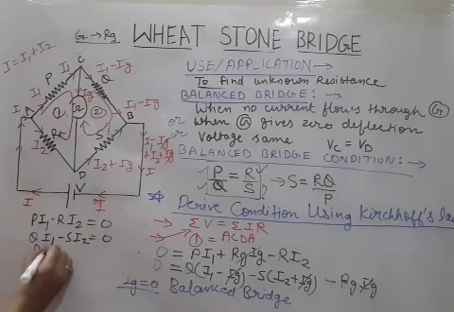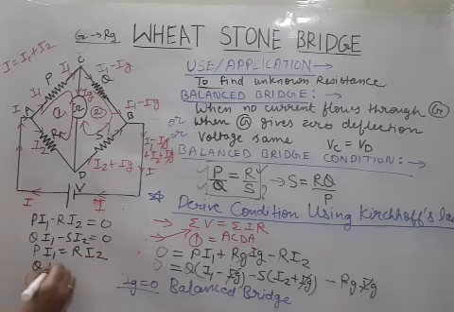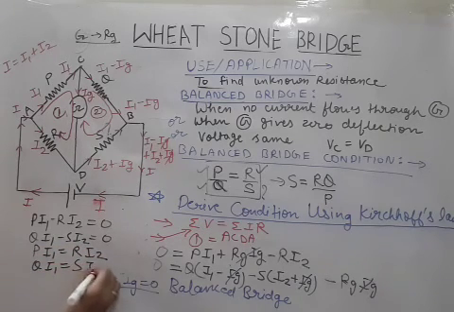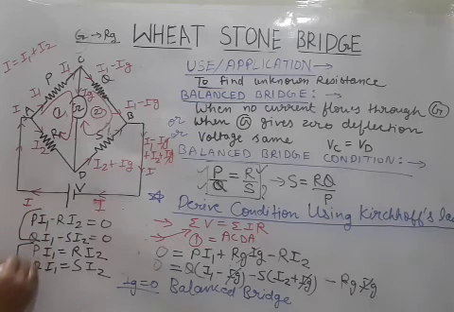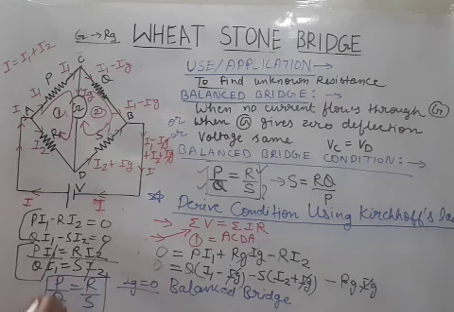So Pi1 equal to Ri2, and in the same manner Qi1 equal to Si2. Okay. Now we will divide the two equations so that I1 cancelled, and finally we have got what? The final answer. Final answer is P upon Q equal to R upon S.